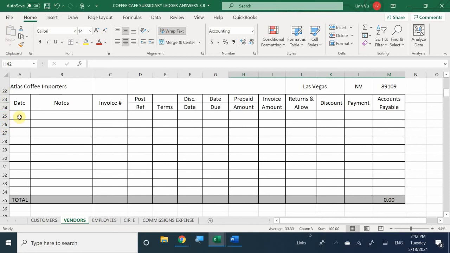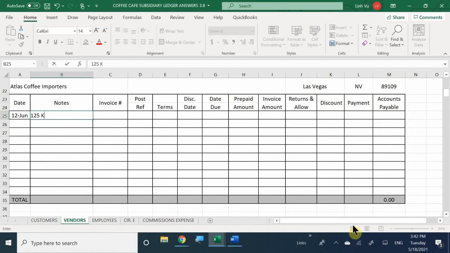Atlas Coffee, first things first, date is the 12th. What did you purchase? You could say, I bought 125 pounds regular coffee and 125 pounds supreme coffee.